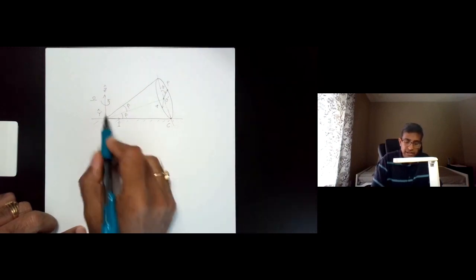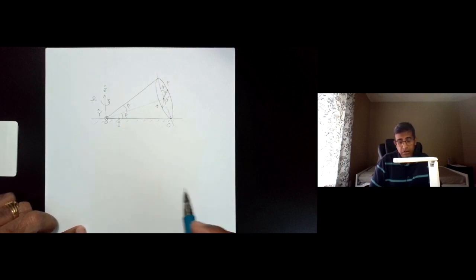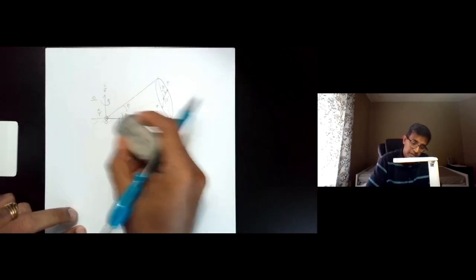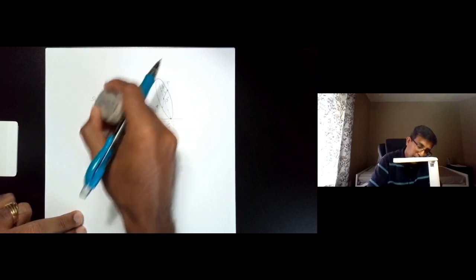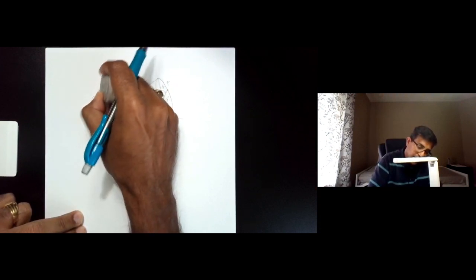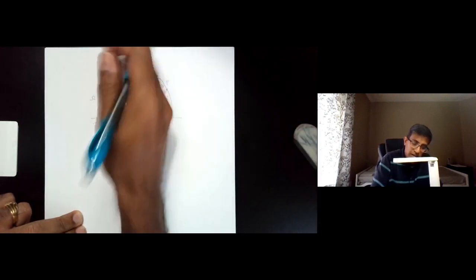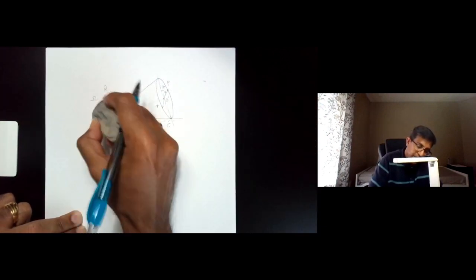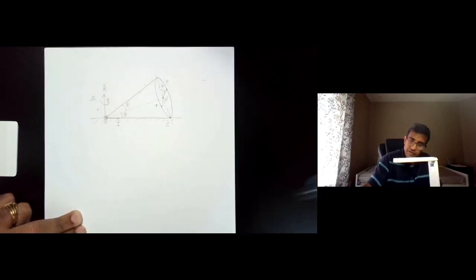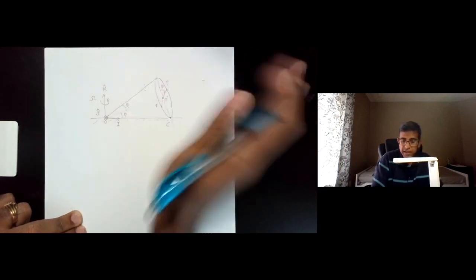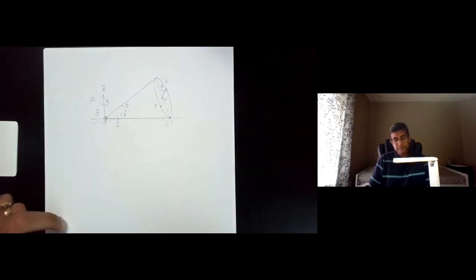So you have I, J, K. I'm just indicating the I, J, K unit vectors.